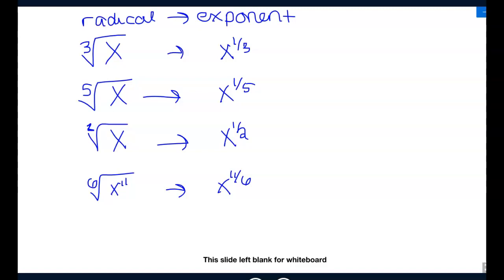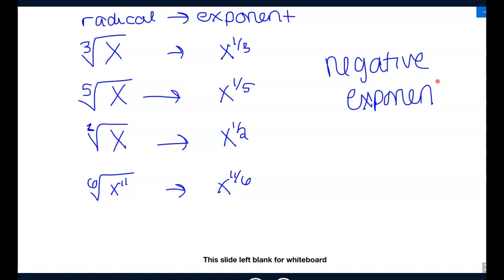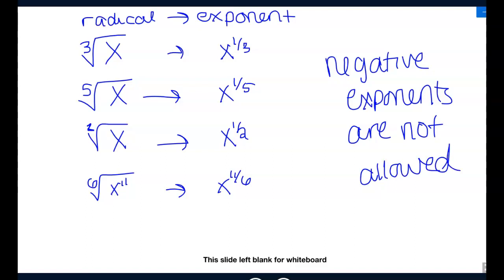The other thing we're going to do is look at negative exponents. Negative exponents are a no-no. You have to turn all negative exponents into positive once you are done with the problem.